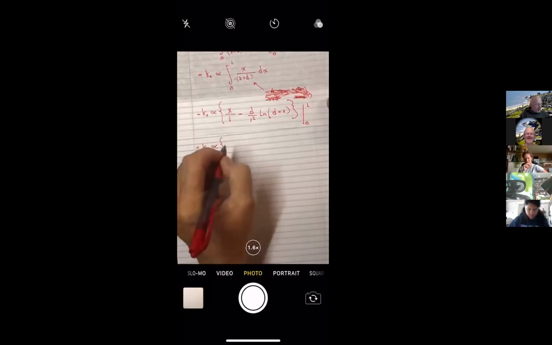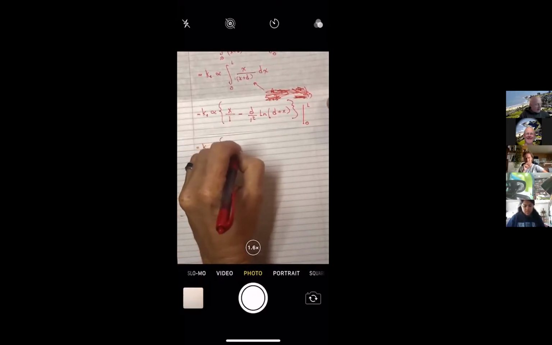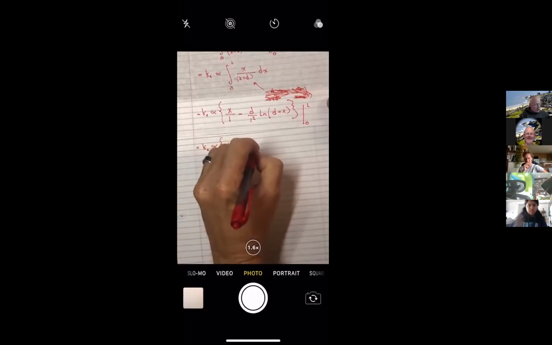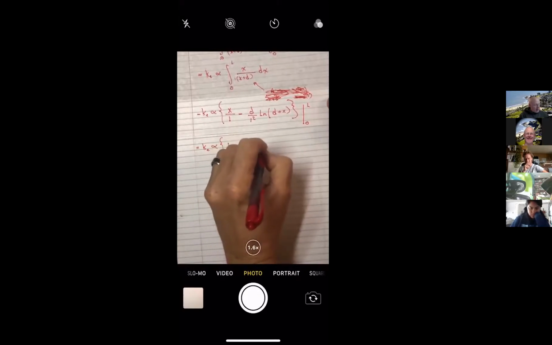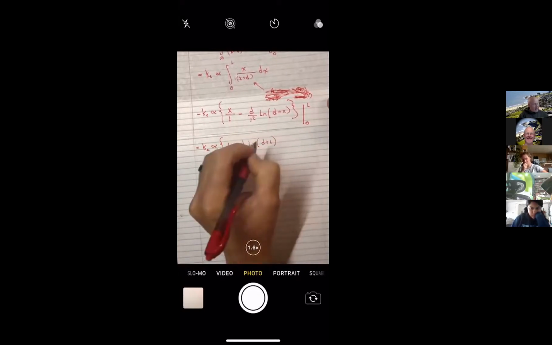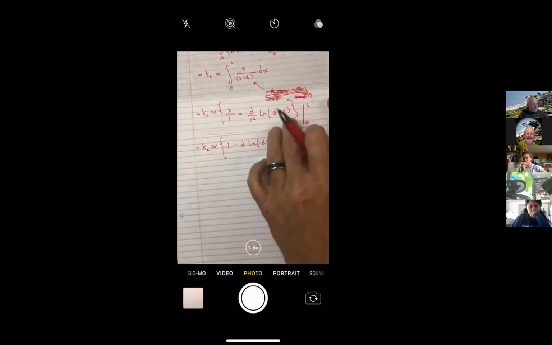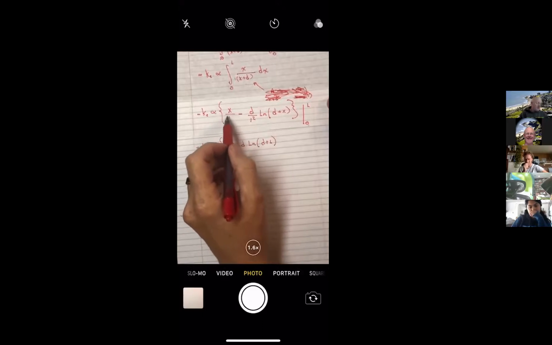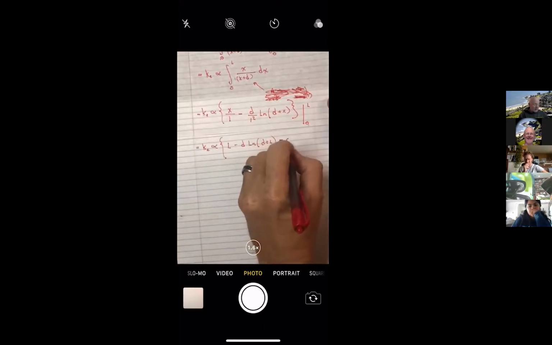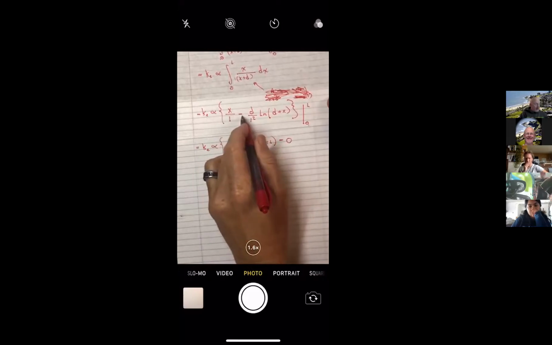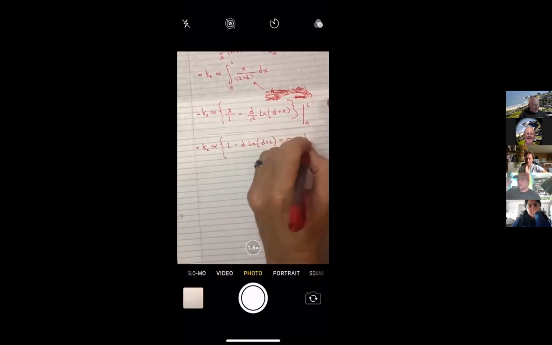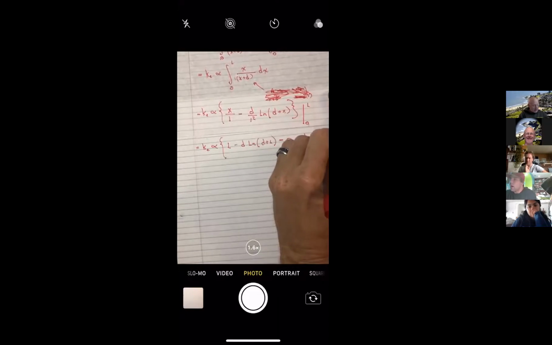And so if I put in an L, I get L minus D natural log of D plus L. Then it would be minus, when I put in a 0, so I'll just put it for completeness, minus 0, and then minus a minus, so that's a plus D ln, and if I put in a 0, that's just a D.